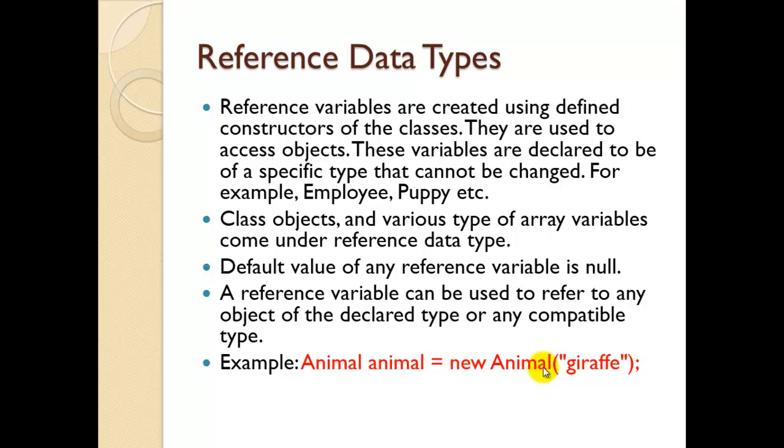The default value of any reference variable is null, and a reference variable can be used to refer to any object of the declared type or any compatible type. Example: Animal is a class, and this animal is a reference variable, and this reference variable is referring to an Animal class object of Giraffe. So this is all about the data types in Java. Thanks for watching this video.